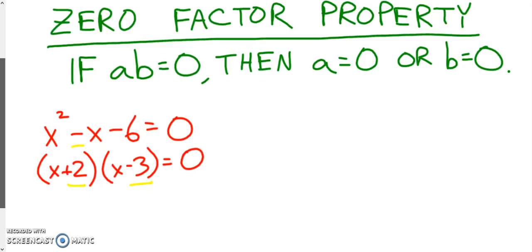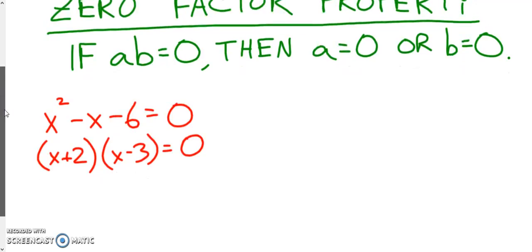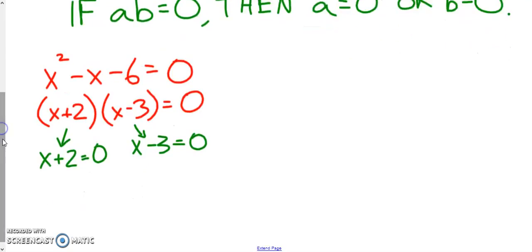Now that I've got it factored, how does this work for finding the solution? Using the zero factor property, that means either x plus 2 equals 0 or x minus 3 equals 0. If x plus 2 is equal to 0, subtracting 2 from both sides gives x equals -2.